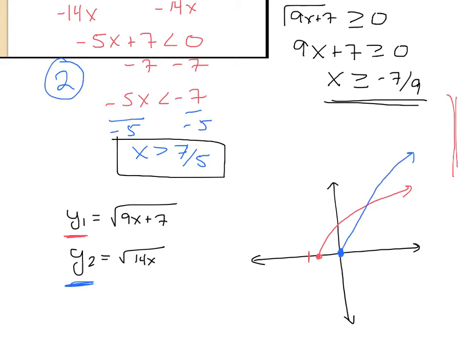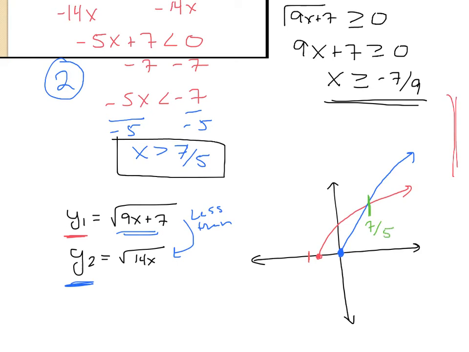And so I want to know when this one is less than the square root of 14x. So when is the red one less than the square root of 14x? Well, this right here is our 7/5. That's our algebraic solution.